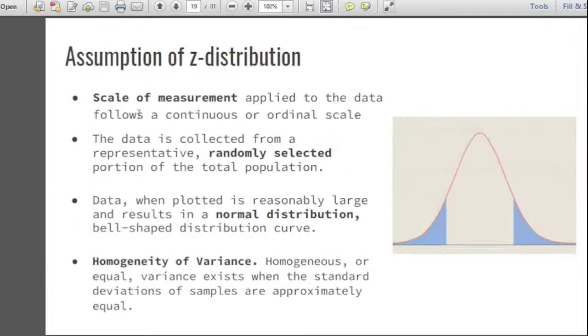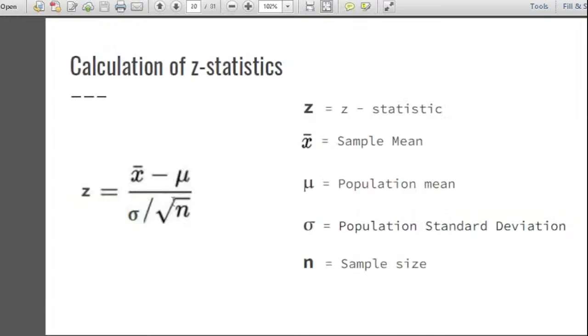Some assumptions of Z-test. Scale of measurement is continuous or ordinal, right? Data is collected from a representative randomly selected sample. Distribution is normal and there is homogeneity of variance. So these are the assumptions of Z-test.